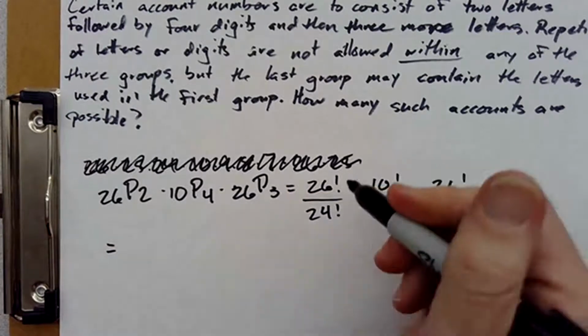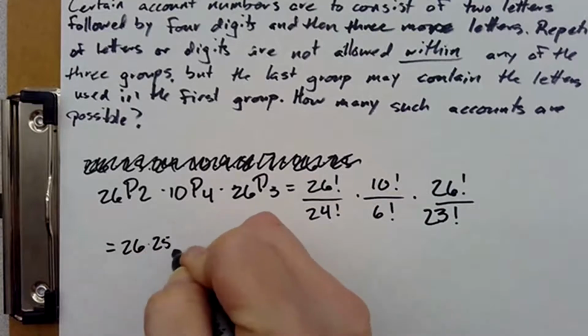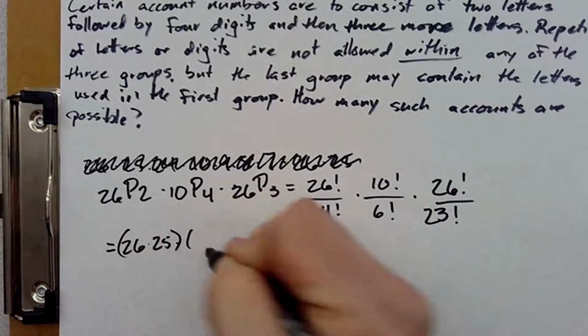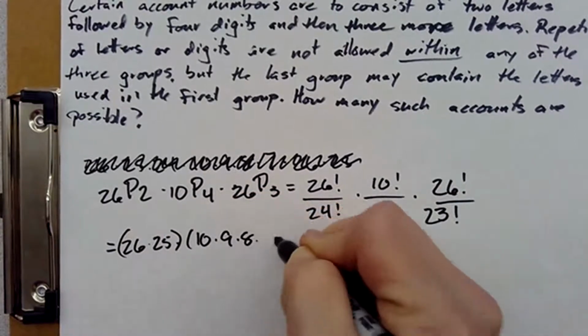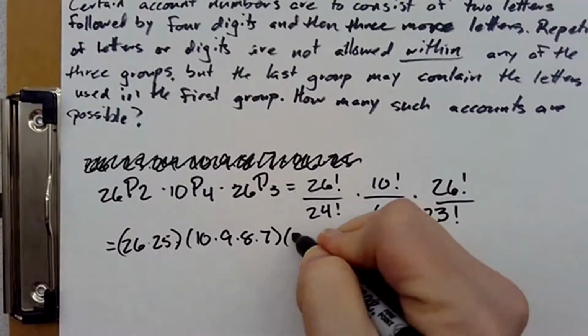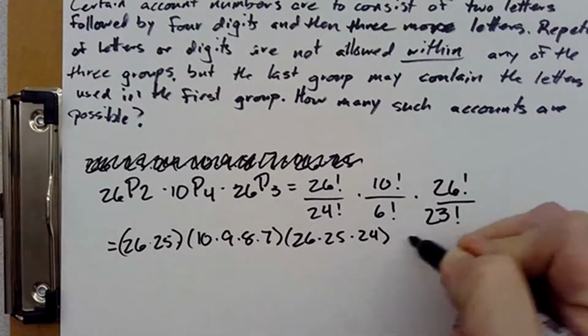Okay, well, that becomes 26 times 25 times, we'll put this in parentheses, 10 times 9 times 8 times 7 times 26 times 25 times 24.